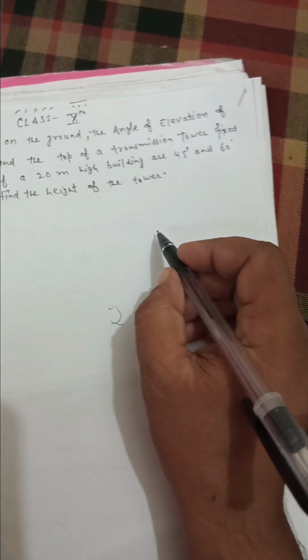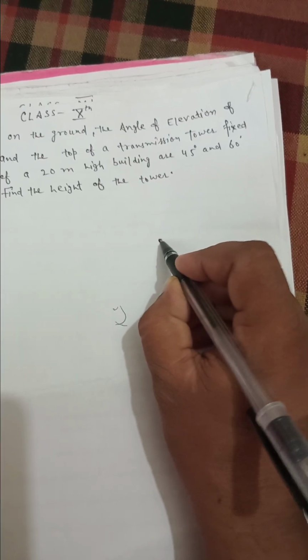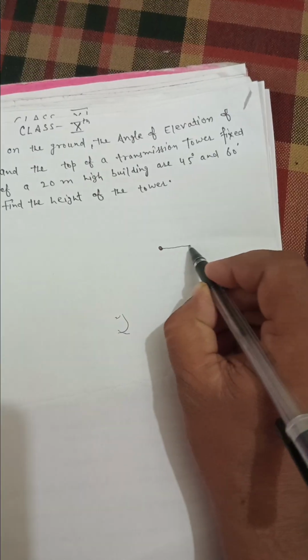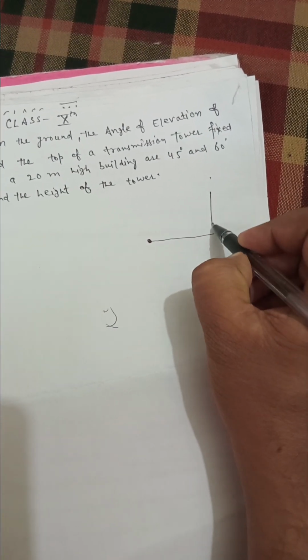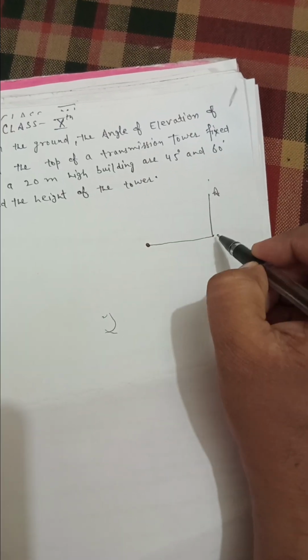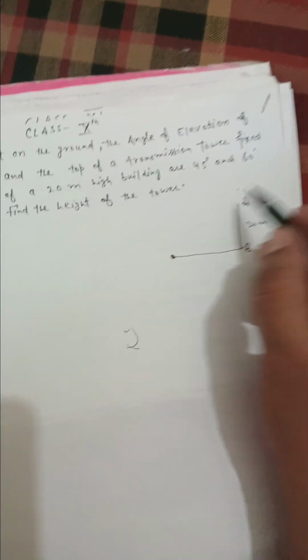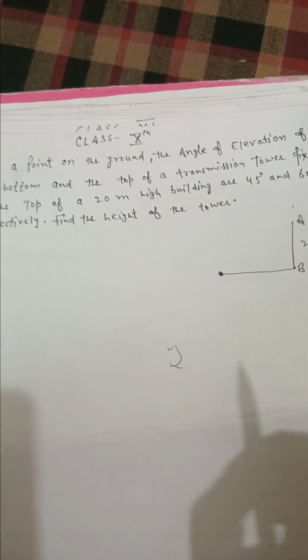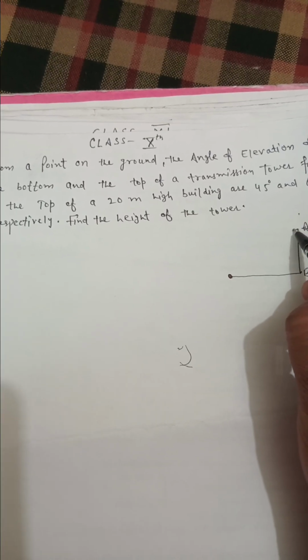First we will draw the diagram. From a point on the ground, let us suppose this is a point on the ground, and this is a 20-meter high building, that is AB, and a transmission tower fixed at the top of the 20-meter high building.